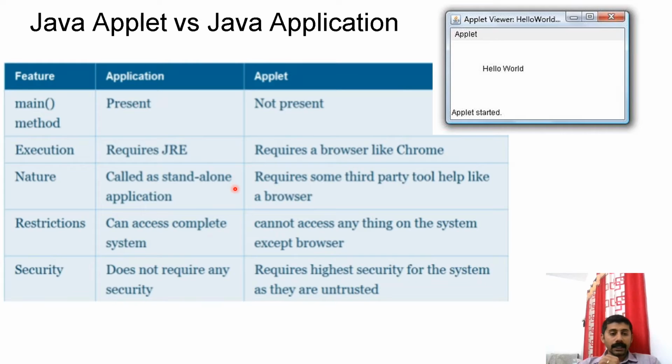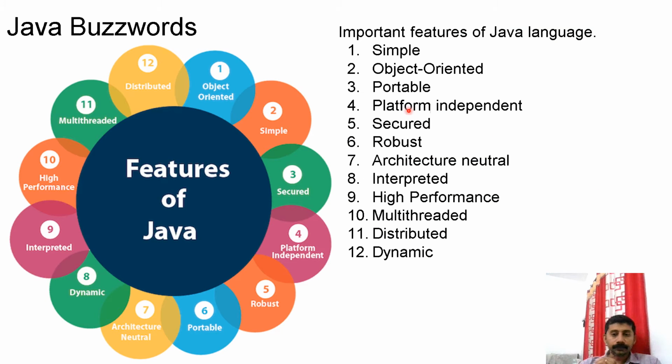Then, in terms of security restriction, a normal Java program can access all the resources on your machine. It can access files, it is free to do anything. Whereas an applet has only very restricted access to the machine where it is running.